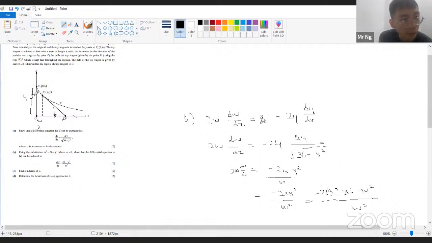So this is y. So the tangent would be y1 minus y2 over x1 minus x2. Over here, y2 is 0.